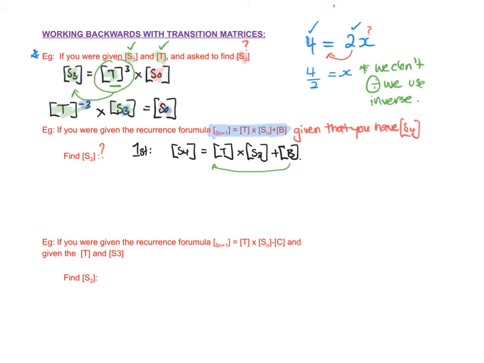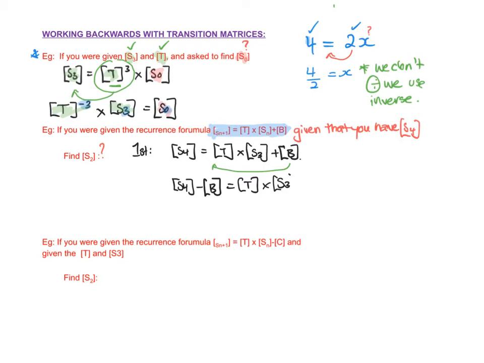You get S4 minus this matrix B, because it's plussing on this side. That would be the first thing you move over.